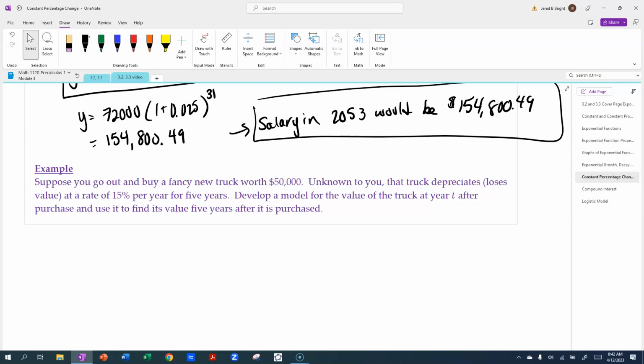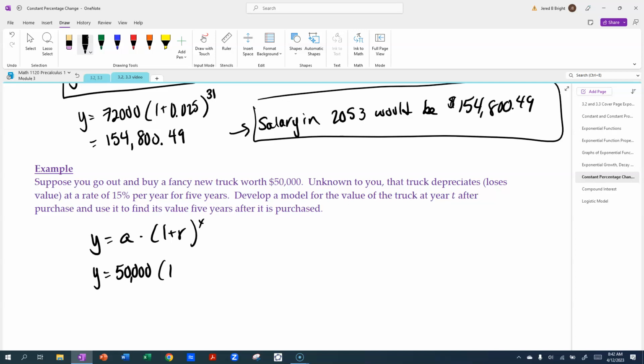for 5 years. Okay, and so this 15% is a constant rate of change. So when we look at our base exponential function, a times 1 plus r to the x, we can say, okay, the initial amount, the principal, what the truck was originally worth was 50,000, but then this r value is actually going to be a negative rate because it's losing 15%.